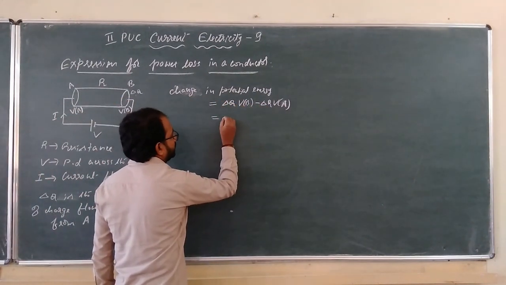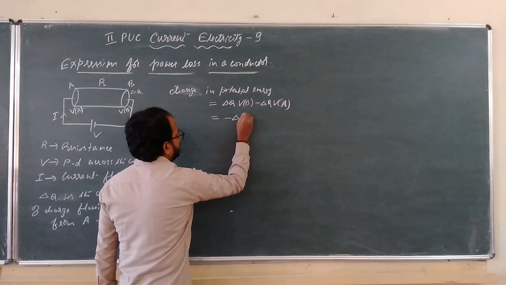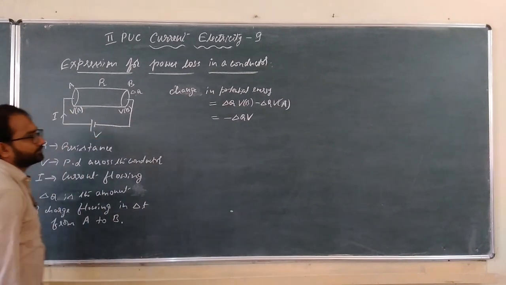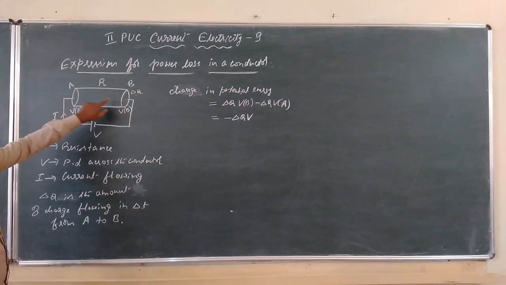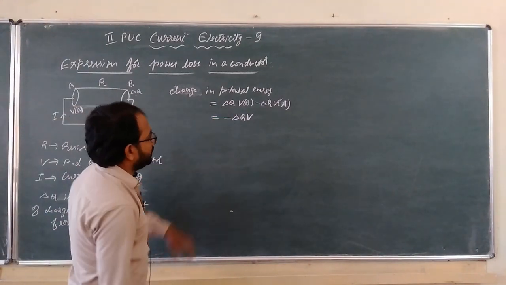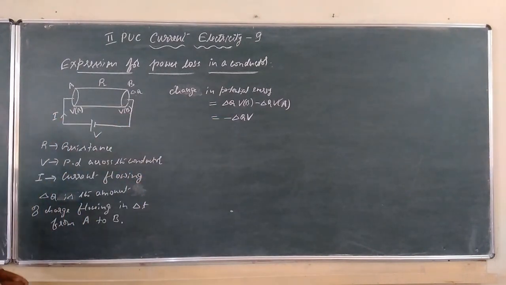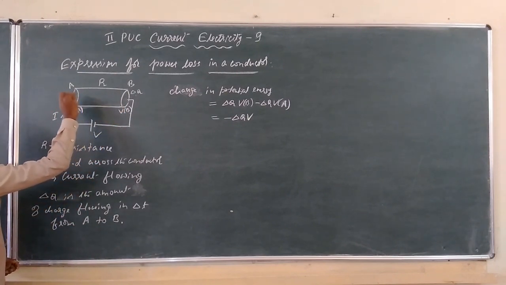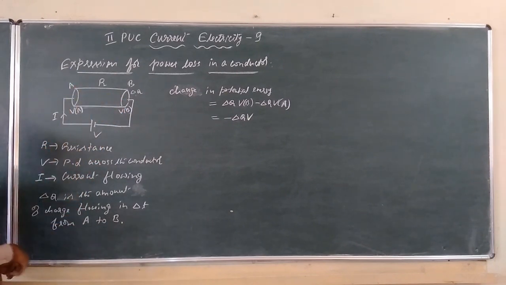So this is minus delta Q into V. V is negative, not delta Q, because from here to here you are calculating the potential at this point with respect to this, and you should get negative. So this is a decrease in potential energy as the charge reaches end B.